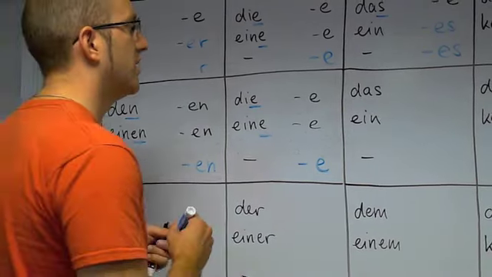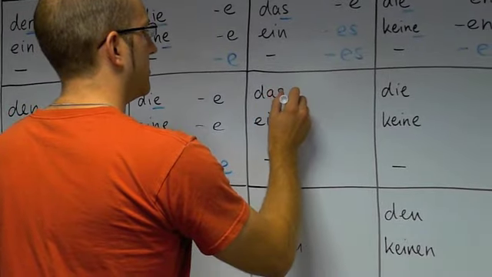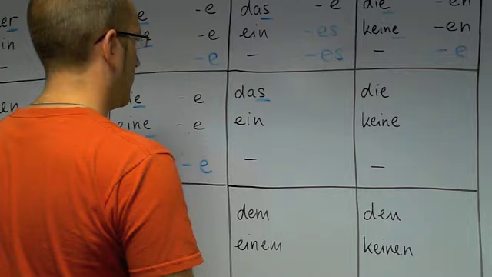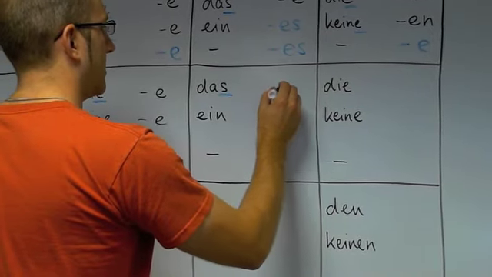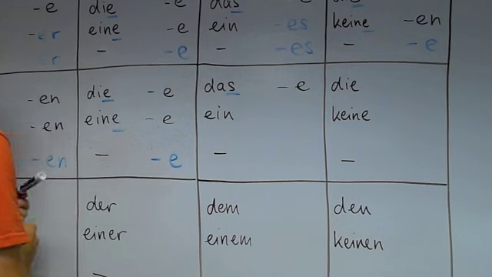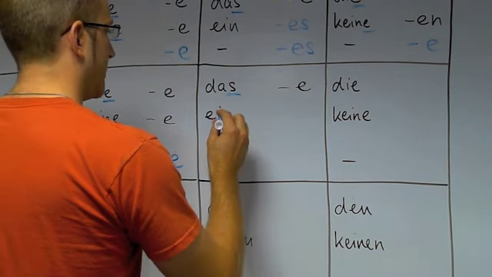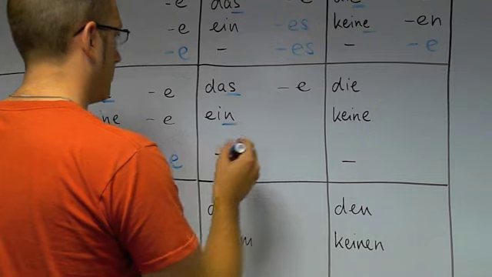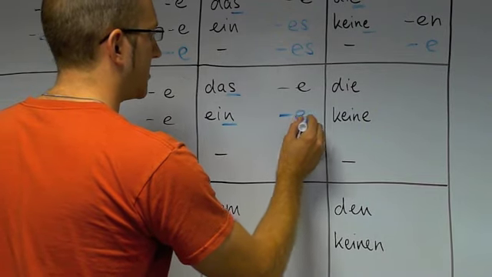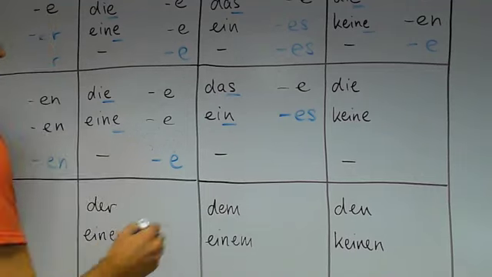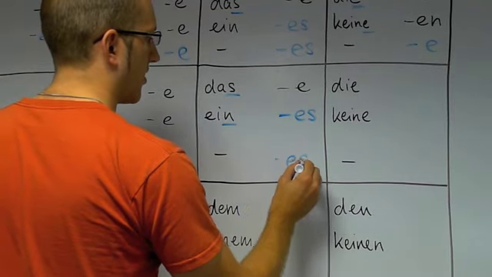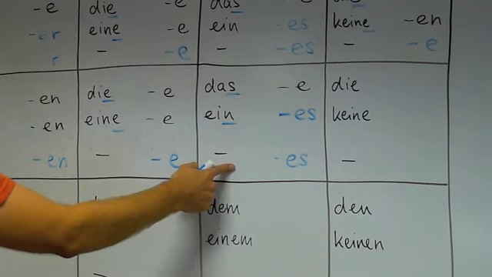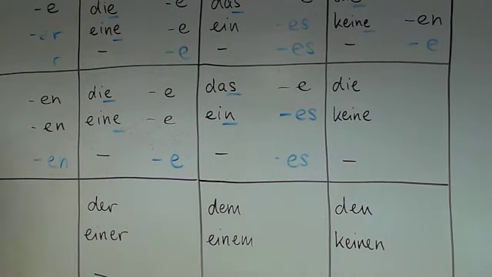Moving on to neuter, the strong marker is s, it's there. We're going to have the weak ending e. If it's not in the indefinite article, we need it in the adjective itself, es. And of course the same holds for no article. You don't have the strong ending in the article, you need the strong ending in the adjective.